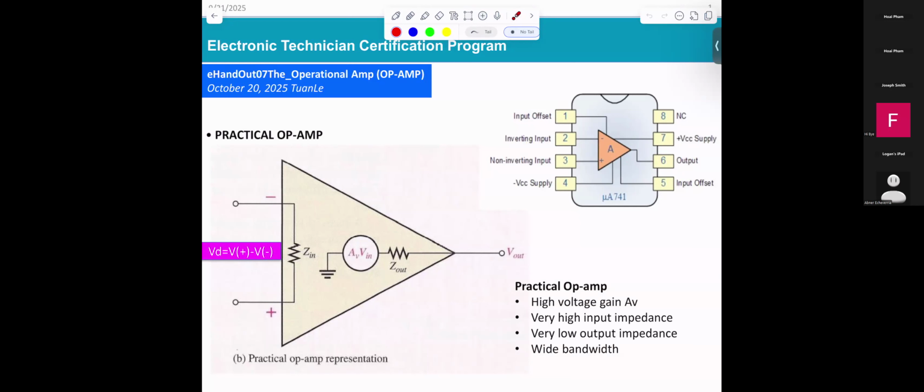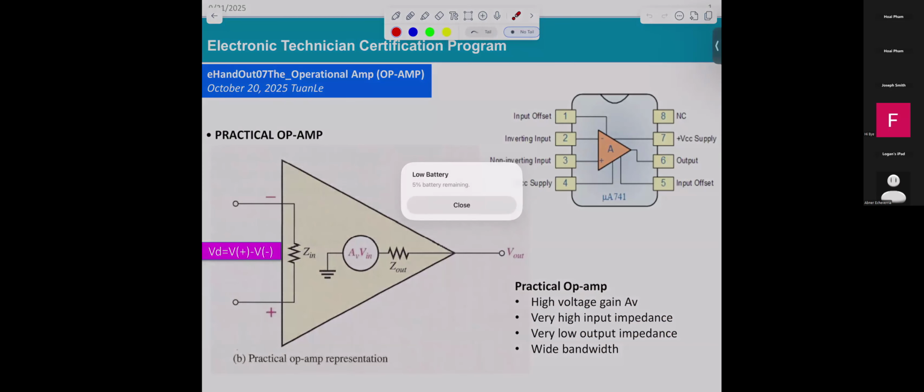So practical op-amp: high voltage gain, AV, very high input impedance, very low output impedance, and a wide bandwidth.